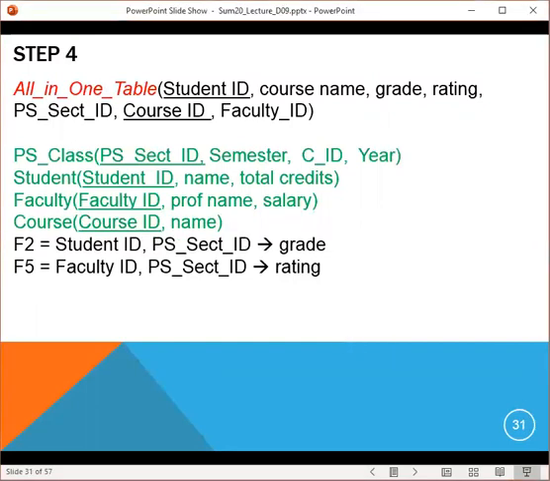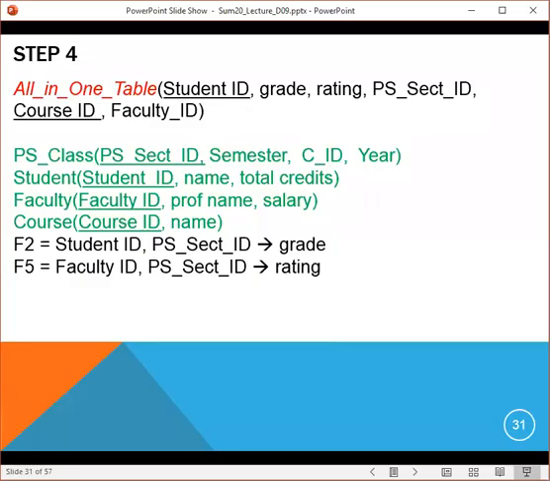Okay, and then in step 4, we get rid of functional dependency 3 and create a course table. And again, we get rid of the offending fields, and we're ready to go on to step 5.